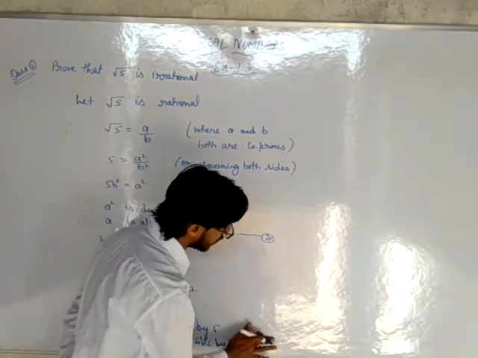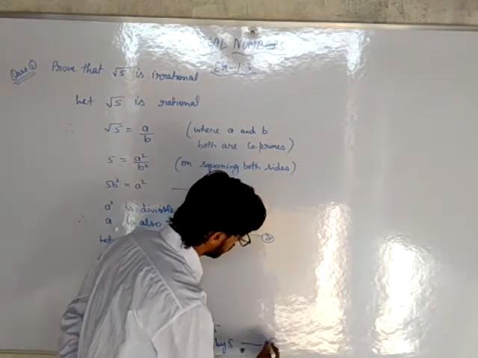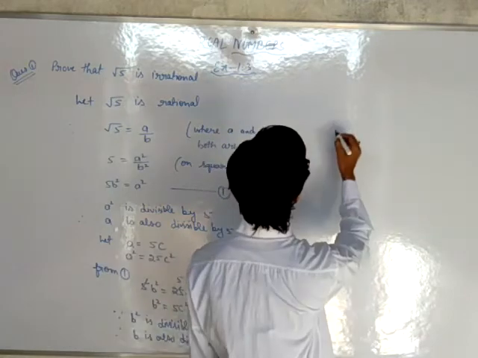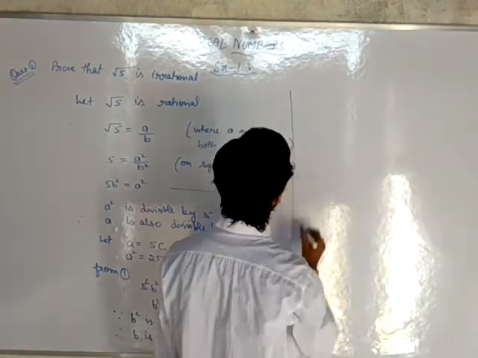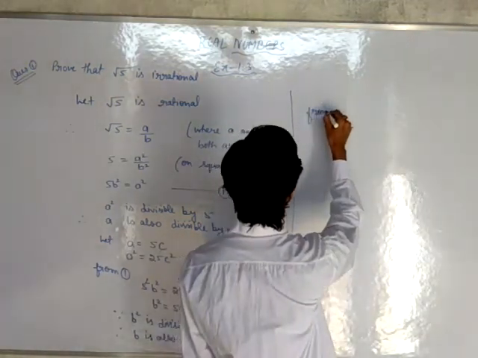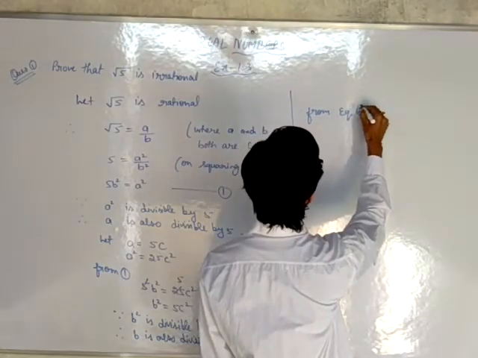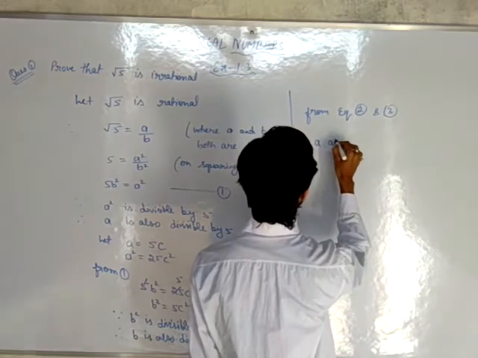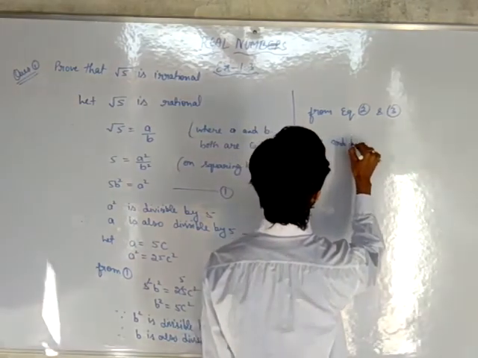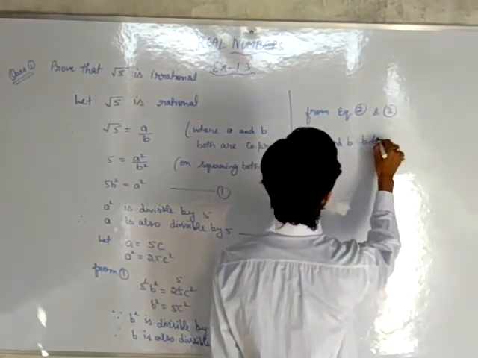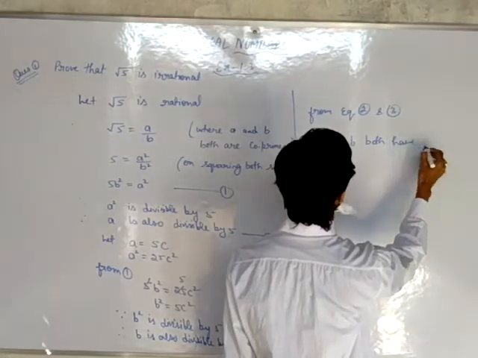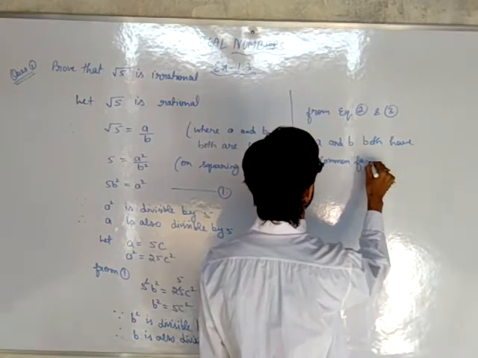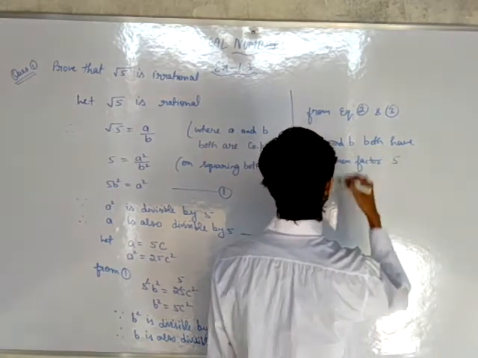This is equation 3. So from equation 2 and 3, a and b both have a common factor 5.